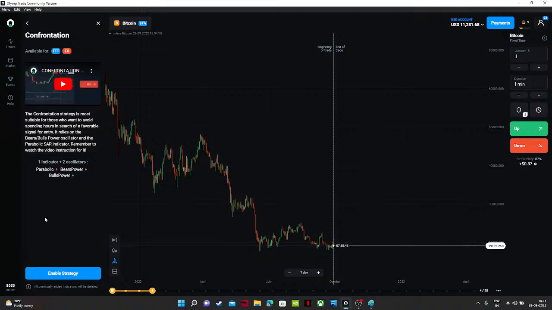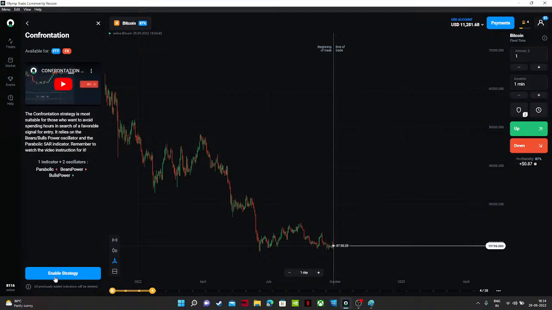All right, the traders who have already used the parabolic SAR indicator, what do you think? Do you like the results? Yes, it does give confirmation of a trend reversal.